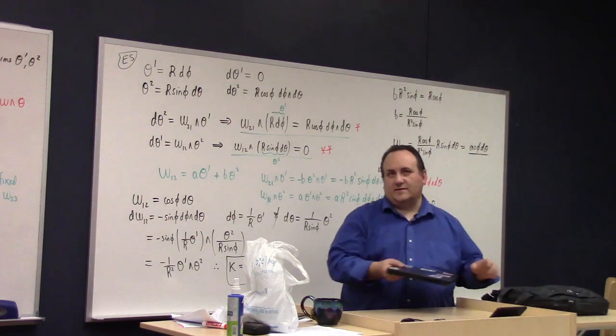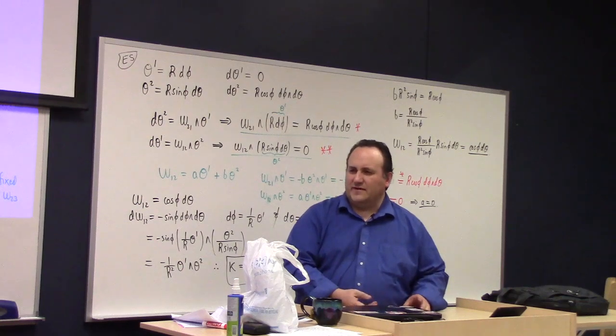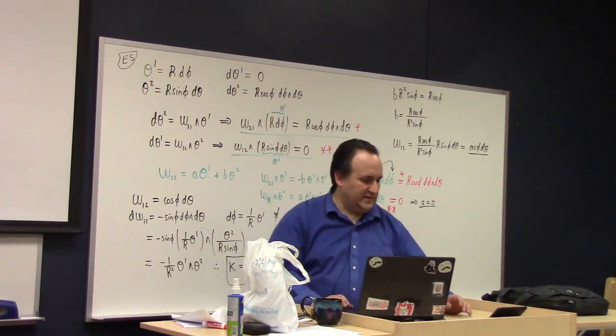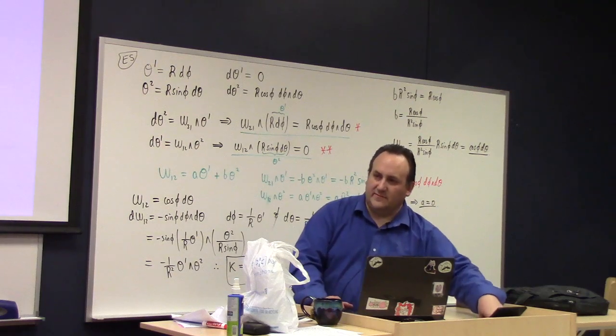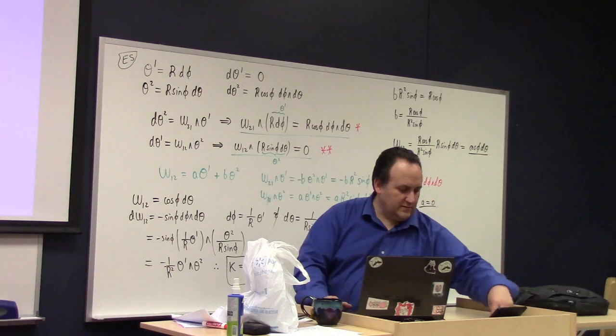My point is, calculations with wedge products involve a lot of process of elimination. Sometimes it's roundabout how you find out things are equal to other things.